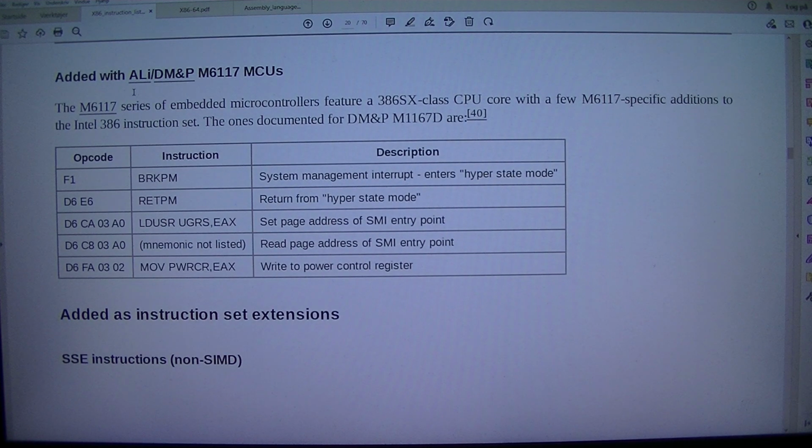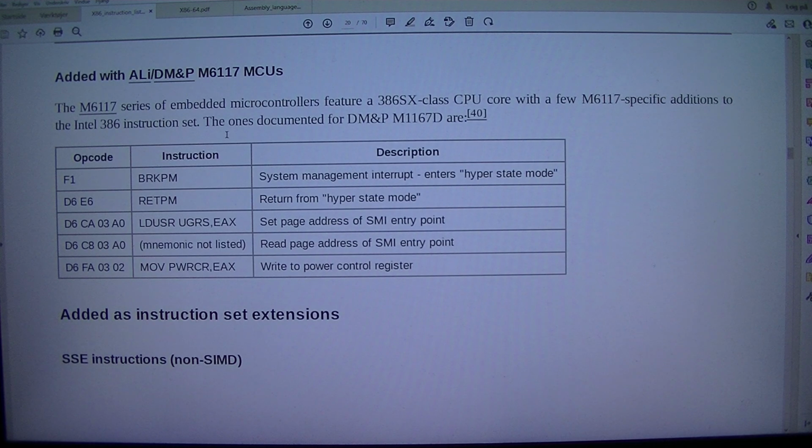Added with ALi M6117D and M6117C MCUs. The M6117 series of embedded microcontrollers feature a 386SX class CPU core with a few M6117 specific additions to the Intel 386 instruction set.